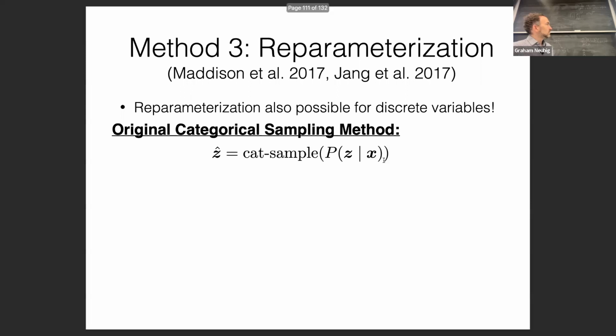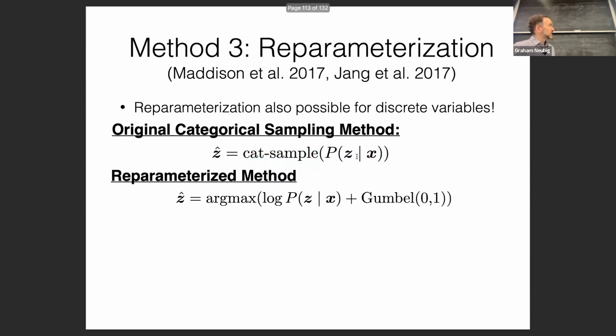The normal way that we could be doing sampling to do an approximation is something like this. We have a probability, and we do a categorical sampling operation over this probability. So basically, we sample one of the variables according to this.